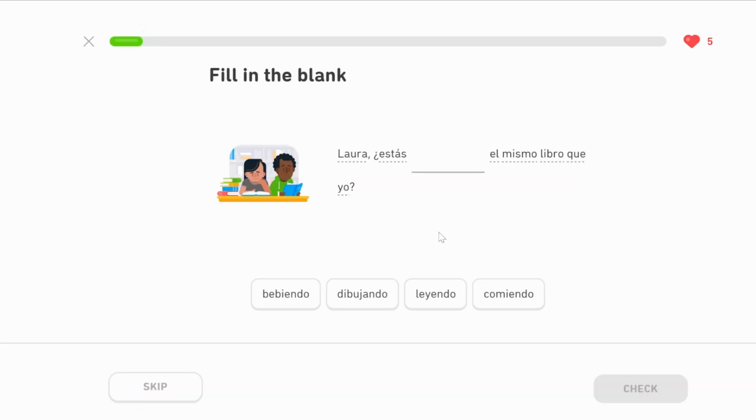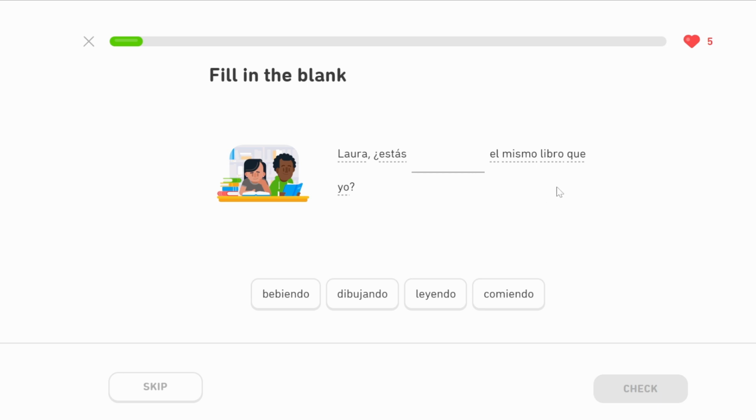So the next one here is actually somebody asking someone else a question. It starts off with their name, Laura. Somebody, this gentleman here, is talking to this person and saying, Laura, estás, which we've just learned is are you. Again, we're asking a question, and so instead of you are, a statement, it's are you. Laura, are you something el mismo libro que yo? So el mismo means the same.